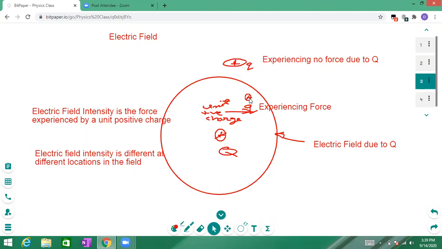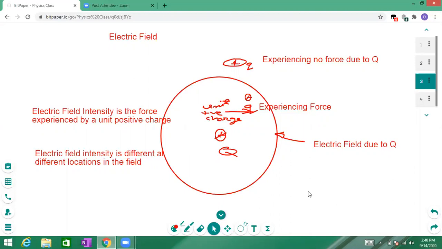Then how to calculate the electric field intensity at the position of small q? So we have to calculate the force on small q. What is the force experienced by the charge small q at this location? We have to find that out. And that force must be divided by the magnitude of the charge to get the force experienced by a unit positive charge. And it gives you the electric field at this point.